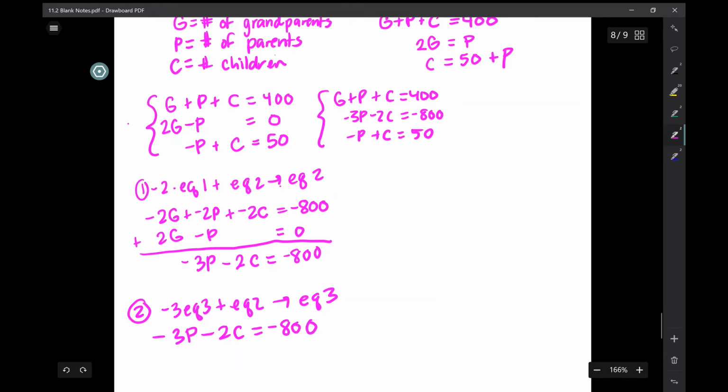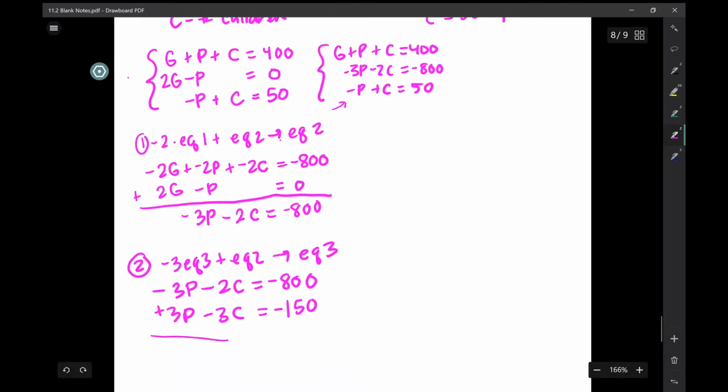And minus 3 times equation 3: oh no, it would be plus 3P, because minus 3 times minus P is 3P. Minus 3C equals negative 150. Whew, that's a lot of negatives. Let's add those: minus 5C equals minus 950.